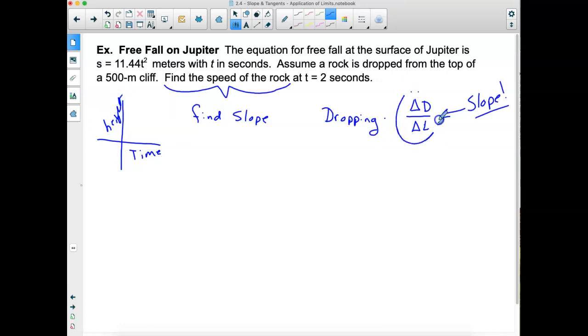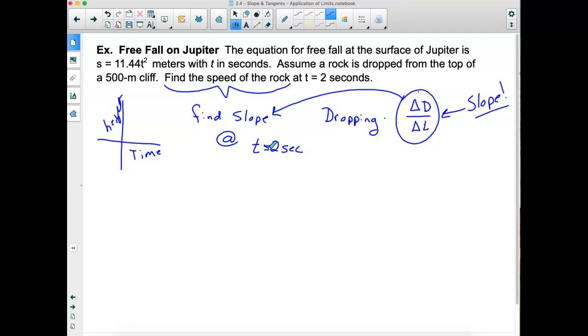That's why we know we're looking for slope. Well, actually, I don't need to write an equation of the tangent line. I just need to find the speed of the rock. Well, what's it doing? Find the slope at t equals 2 seconds. Specifically at t equals 2.